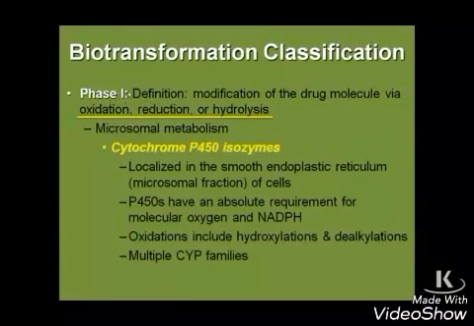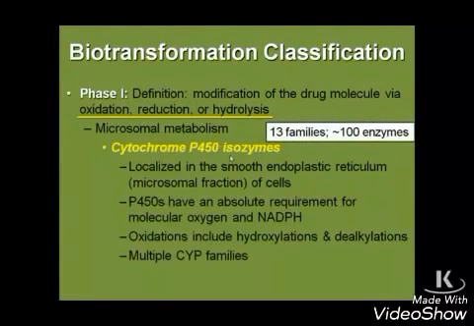But when you think about phase 1, I would argue that almost always you think about cytochrome P450 enzymes. Now, this is a large family of enzymes. In fact, there are about 13 different families of these with about 100 different enzymes. Again, that's not a point to memorize, but just to give you some perspective on this particular category of enzymes.